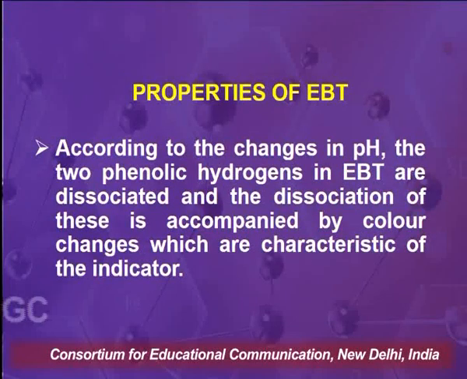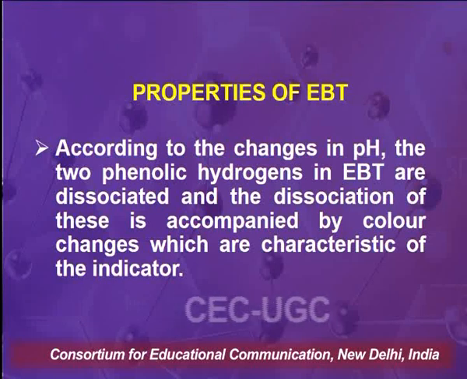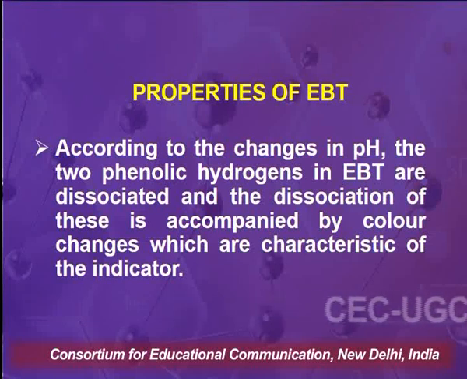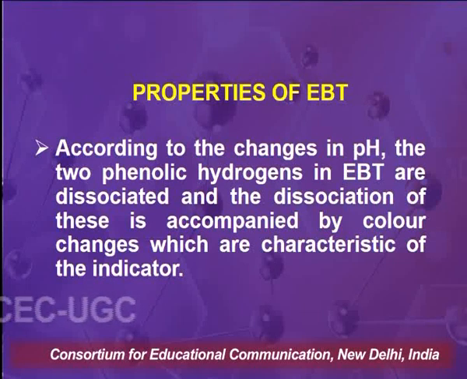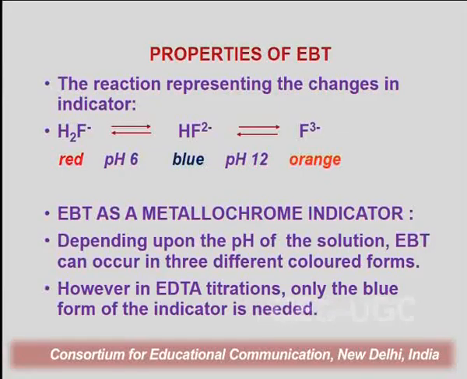According to the changes in pH, the two phenolic hydrogens in EBT are dissociated, and the dissociation of these is accompanied by color changes which are characteristic of the indicator.